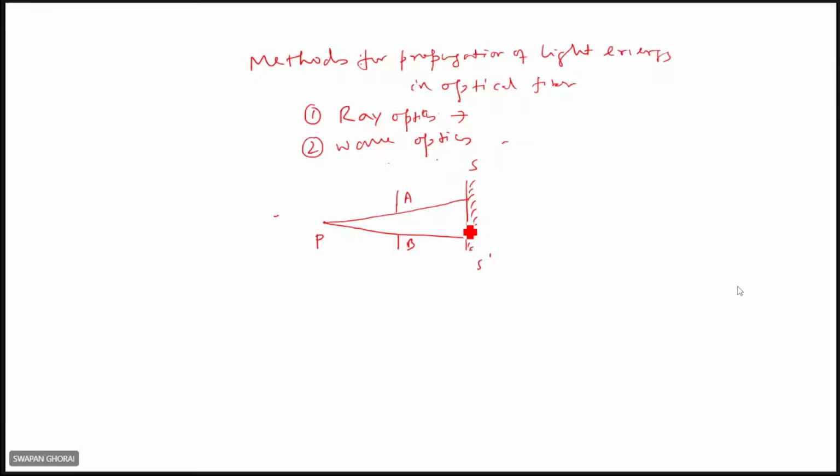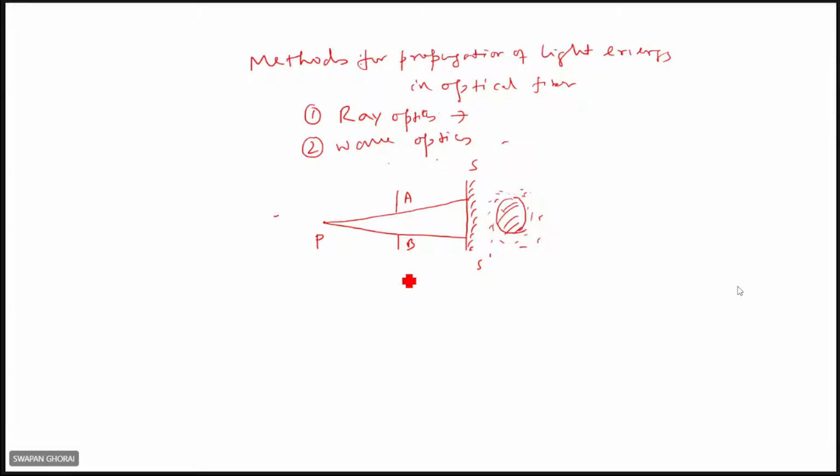A circular patch of light, isn't it? Outside there is a shadow, dark is here, and this is the bright patch, right? This is the case you'll get.